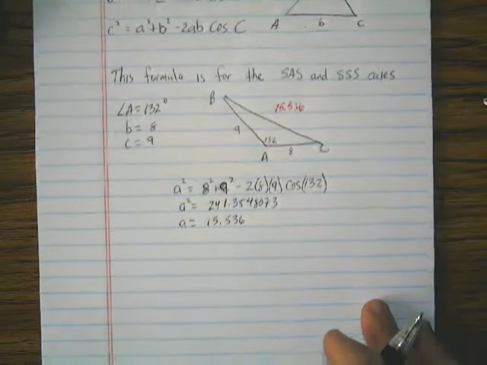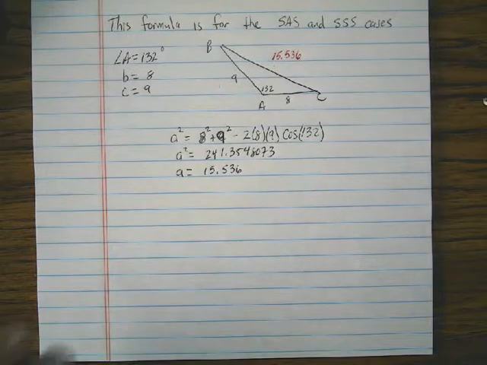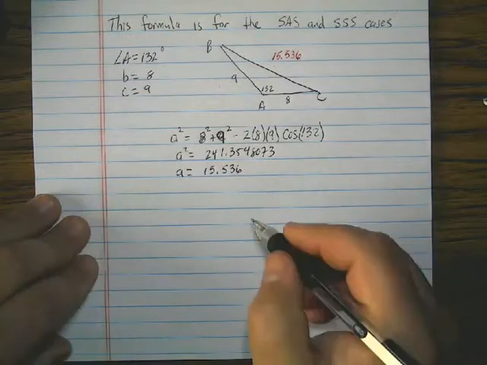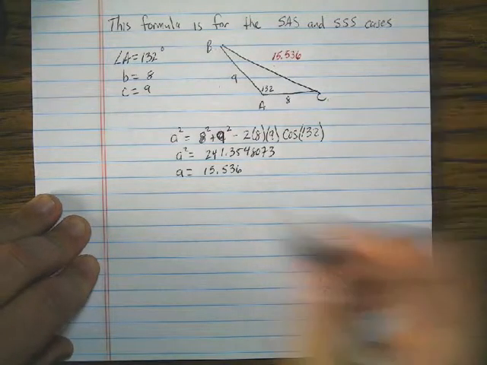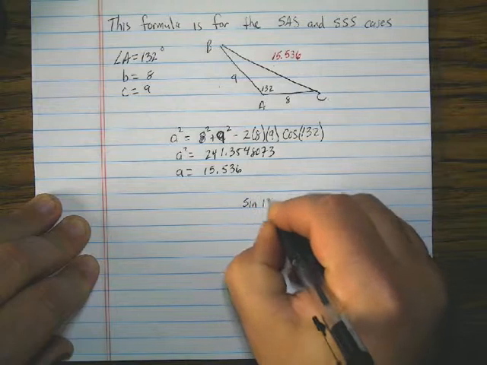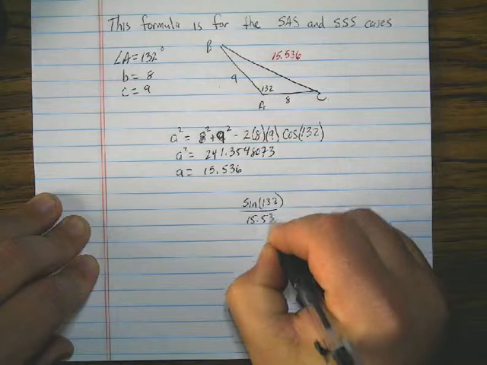I'll move this up here so we have more room. We would then set up for our next part, and I don't care which one you find, B or C, but we would set up the sine of 132 over 15.536 must be equal to the sine of B over 8.